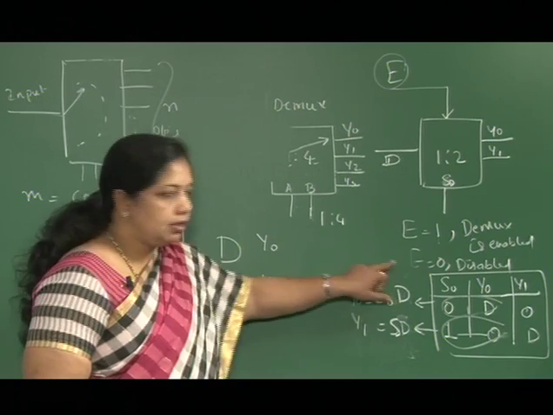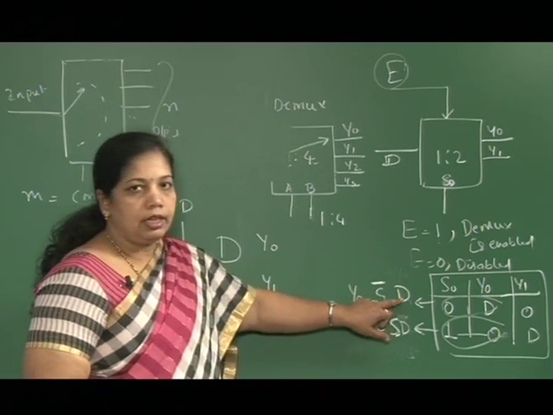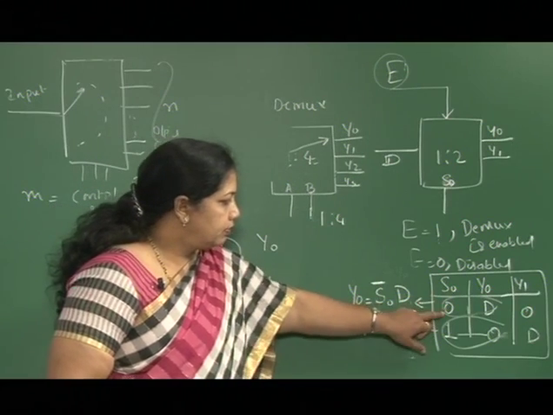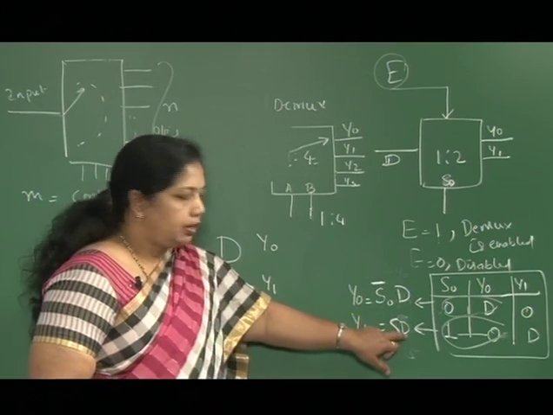I can realize this equation using an AND gate. One of the inputs is common, that is D. So we have S0 complement, and we have S into D.